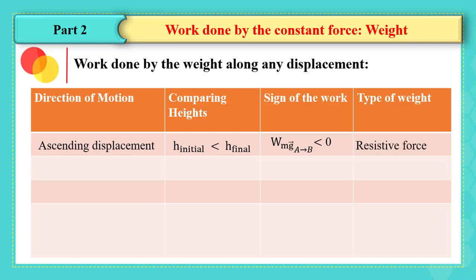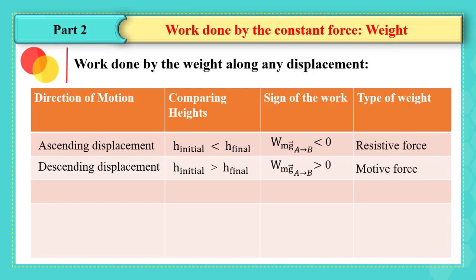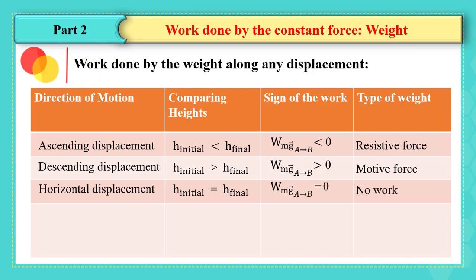In a descending displacement, where the object moves down a path, H initial is greater than H final, then the work done here is positive. Thus, we say the force of weight here is motive. In the horizontal displacement, H initial and H final are equal to each other, then the work done here is 0, and we say there is no work done on the object by the force of weight.